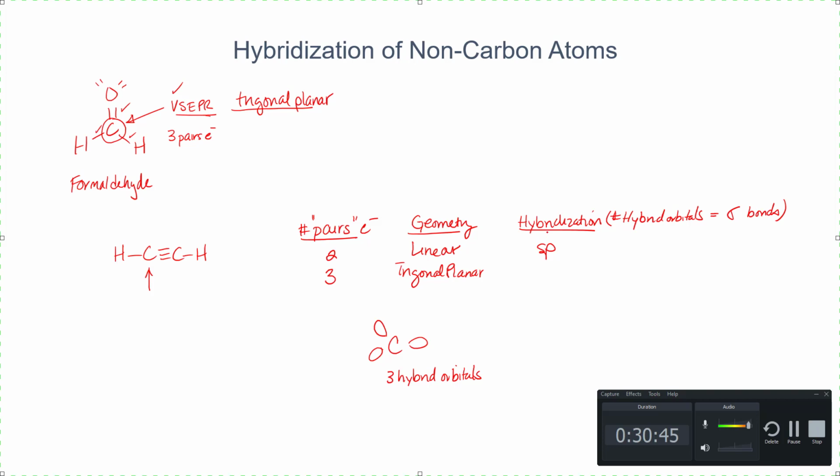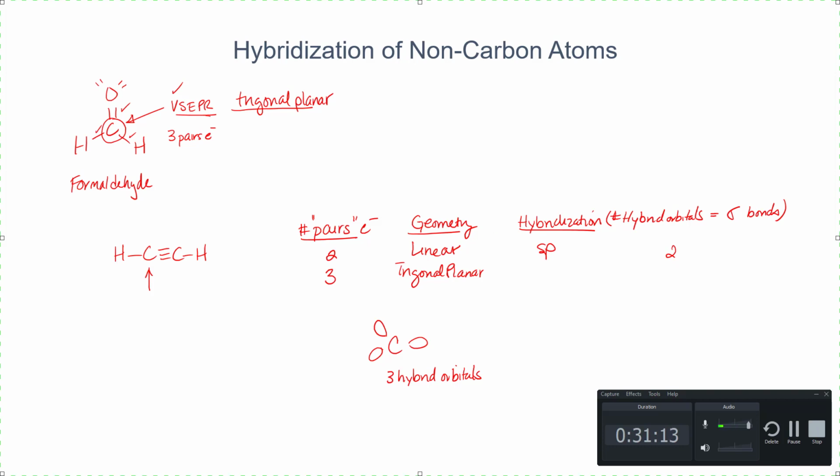So when you have two pairs of electron density around a central atom, in essence, what we're saying is we're treating this multiple bond as if it was a single pair. What am I counting? I'm really counting the number of hybrid orbitals. So when you have two hybrid orbitals or two sigma bonds, you have an sp geometry.